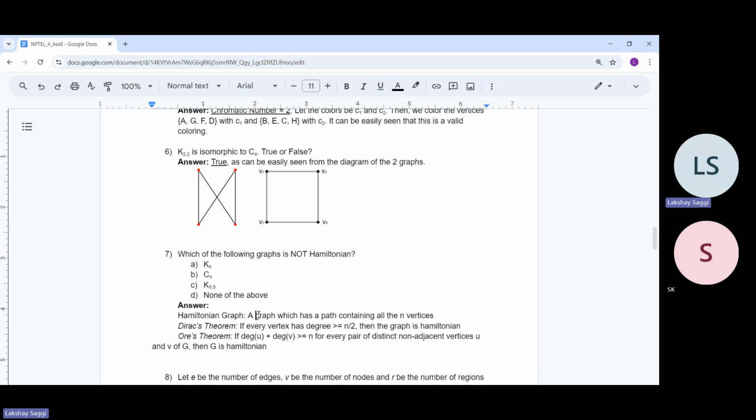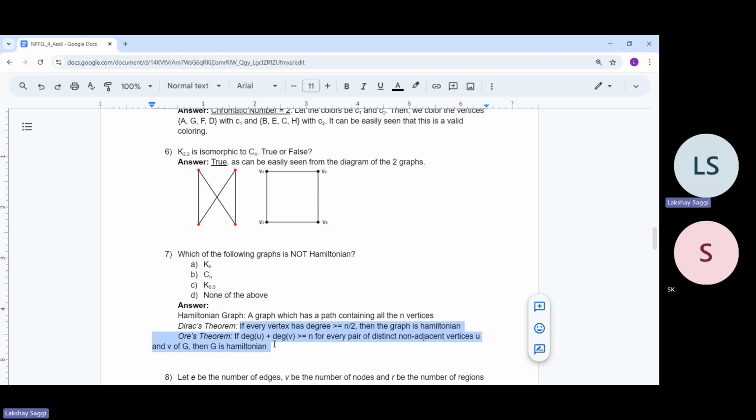We can ask separately whether each component is Hamiltonian in itself, but the graph as a whole will never be Hamiltonian if there is more than one component. I think there is no deeper significance to this; it's just a statement that a graph with more than one component can never be Hamiltonian.